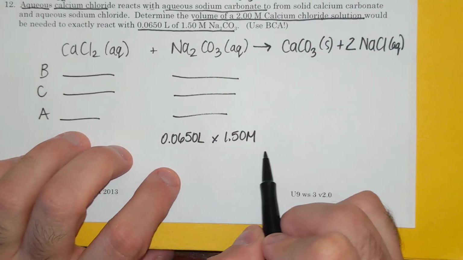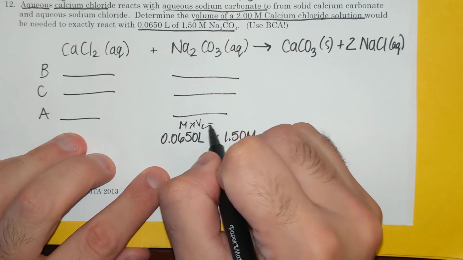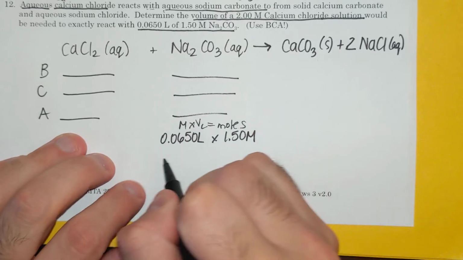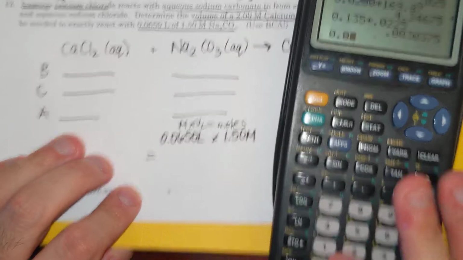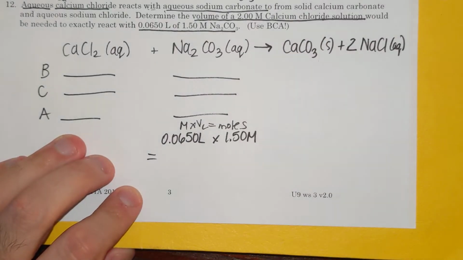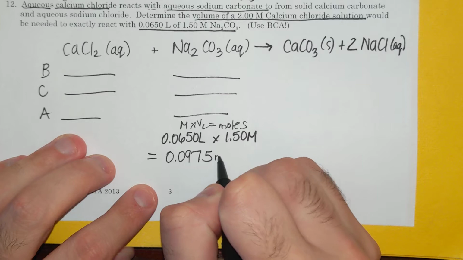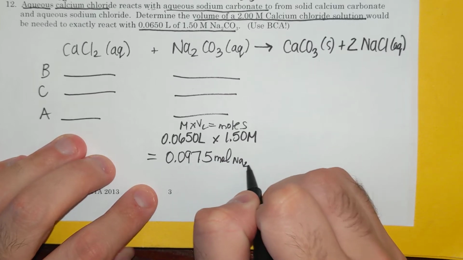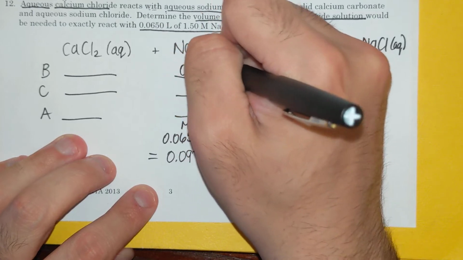If I multiply liters times molarity, remember, molarity times volume in liters is equal to moles, and that's what I could put in a BCA table. So 0.0650 times 1.5, I get 0.0975 moles of Na2CO3. I'm going to shove that right here in the BCA table.